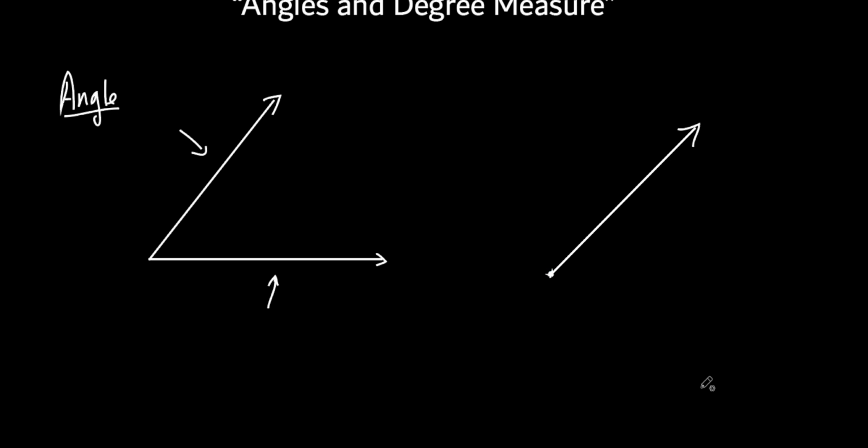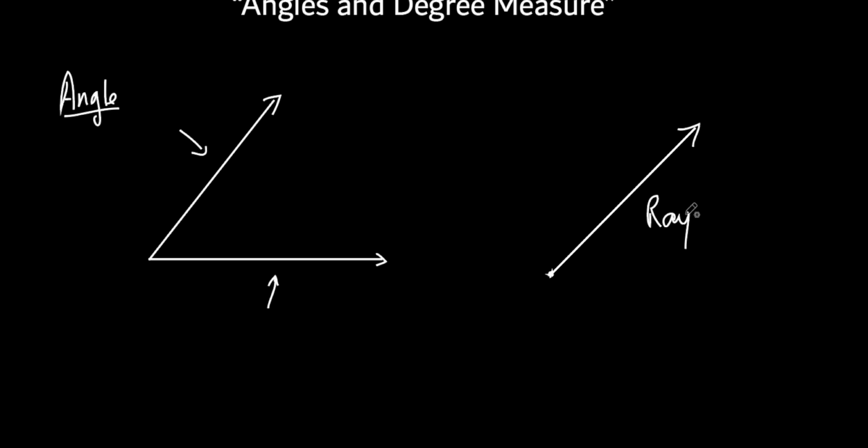It's an arrow, I guess you could say. It's a ray. This is a ray.